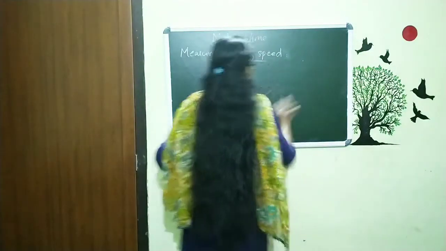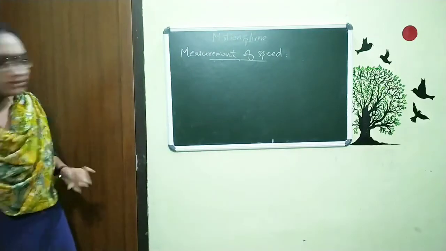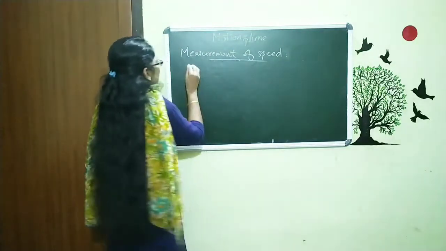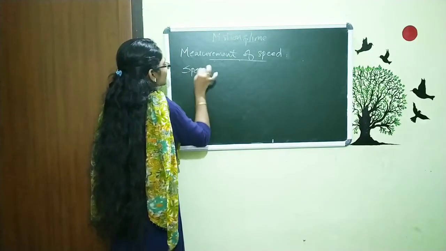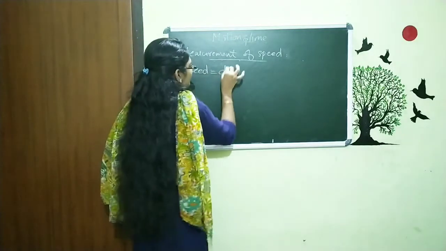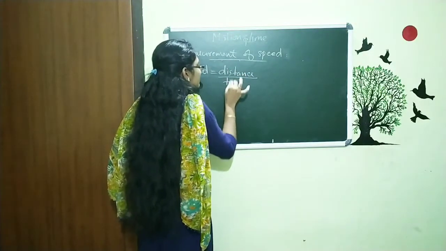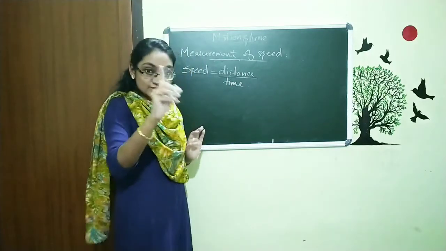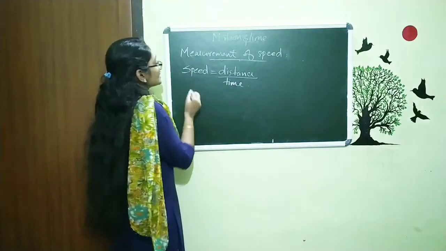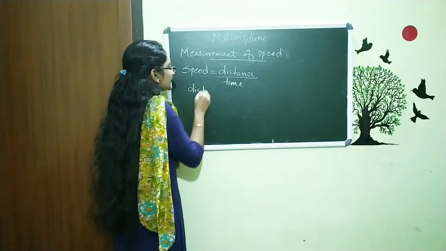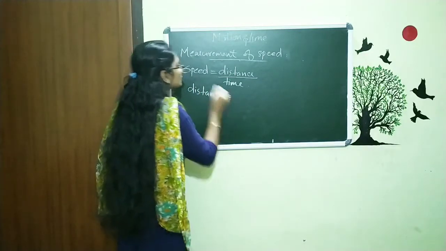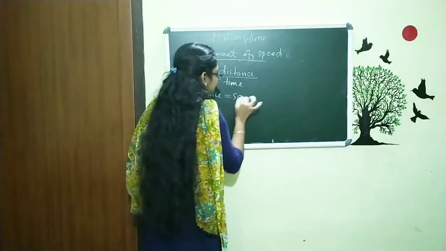You want to learn these by heart. The first one is speed equal to distance divided by time. The second one is distance equal to speed into time.